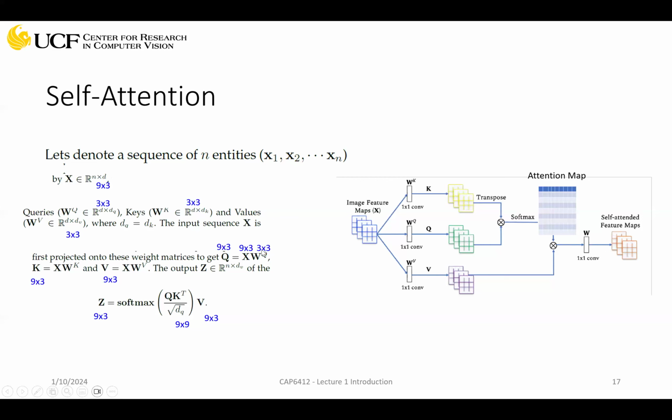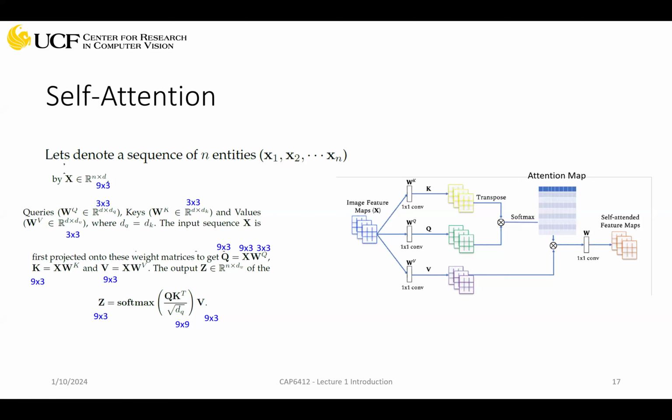It's not identity, but it's the same size. Now, if you want, you can do different things. The next one can be 3 by 4 and so on. But we want to start with 9 by 3 and end up with 9 by 3. So that's why it has to be 3.